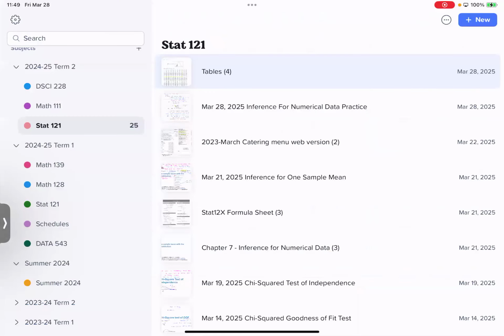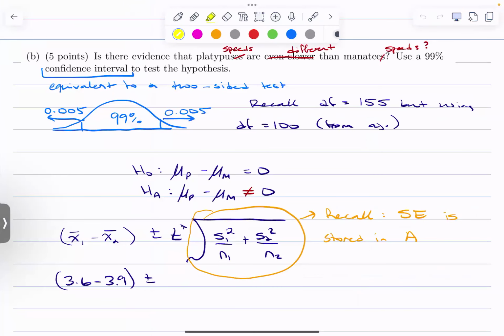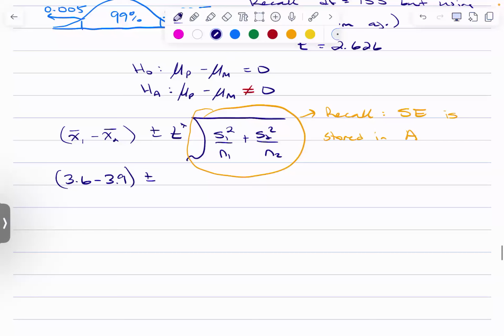Oops. I'll jot that down up here. 2.626.